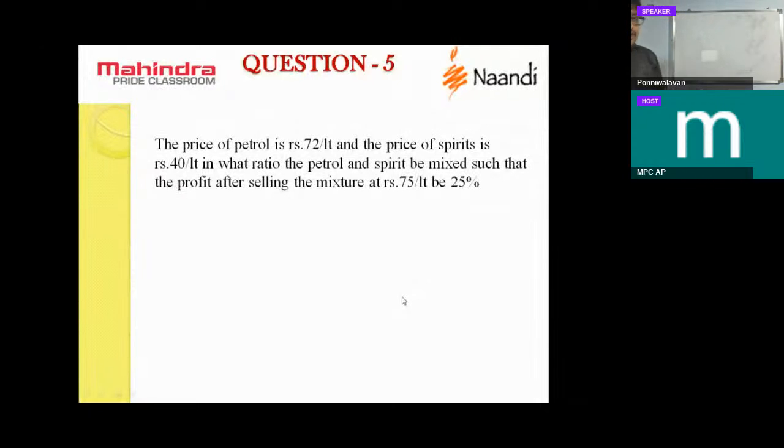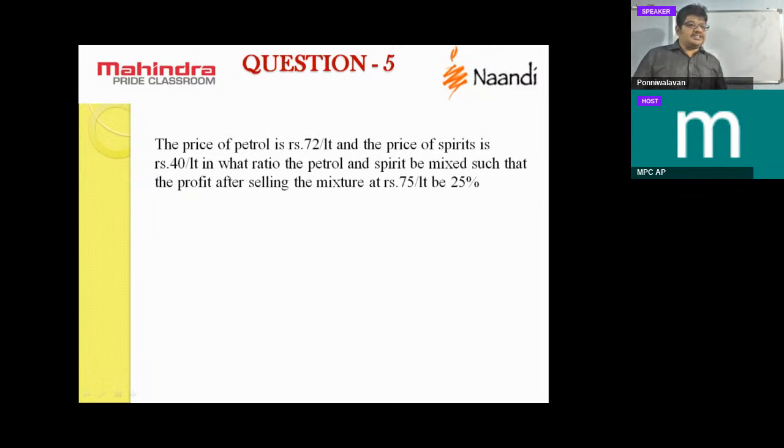In what ratio should petrol and spirit be mixed such that the profit after selling the mixture at 75 rupees is 25%? Can you tell me, is 75 rupees the cost price or selling price? It is the selling price.